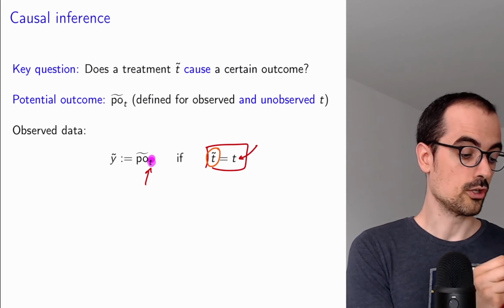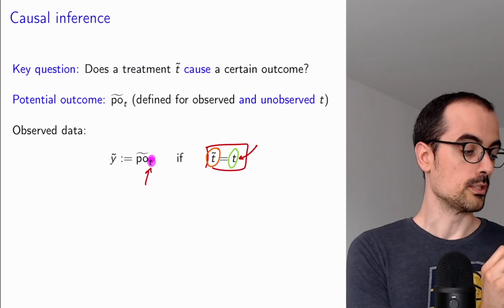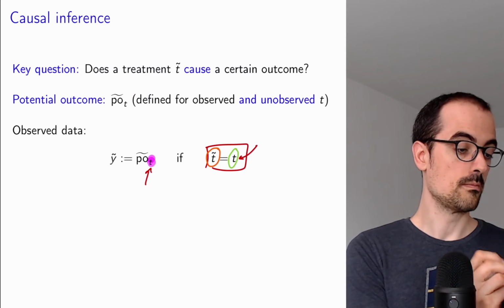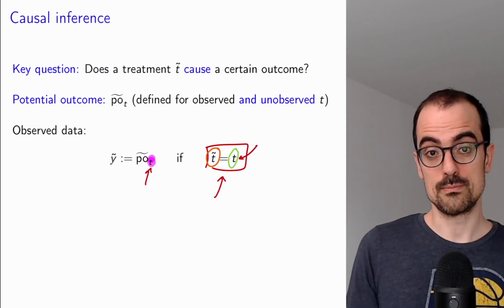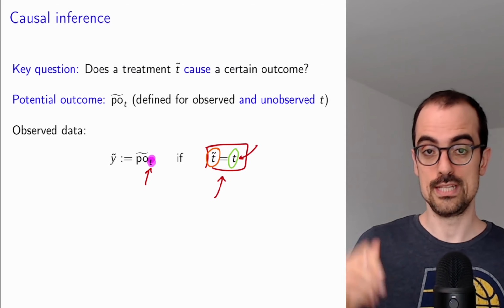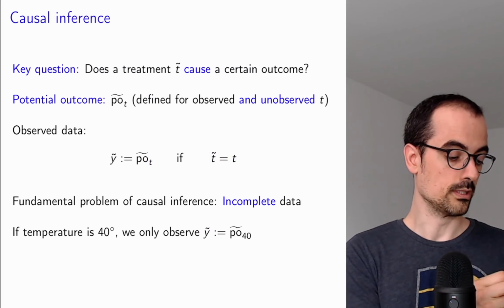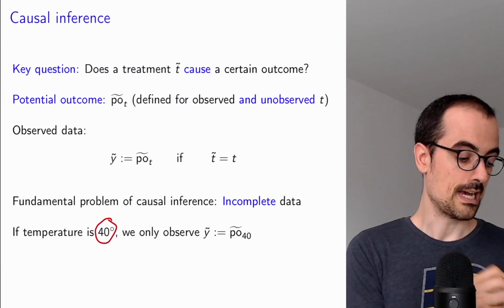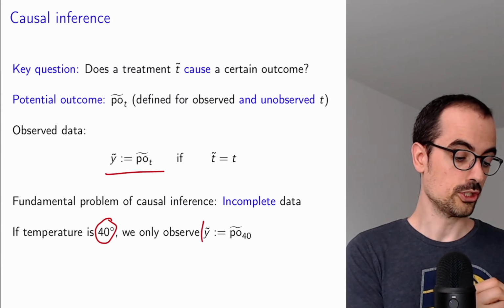And we write constants or deterministic variables without the squiggly line on top. So by this we mean that the random variable representing the treatment, in our example, the temperature, is equal to a particular value. For example, 40, okay? And when that happens, the data is equal to the potential outcome corresponding to 40.